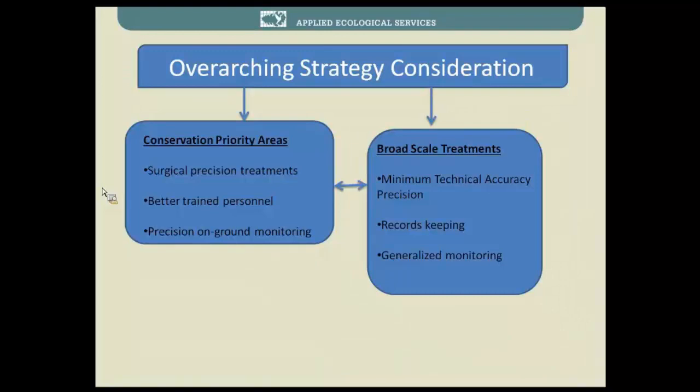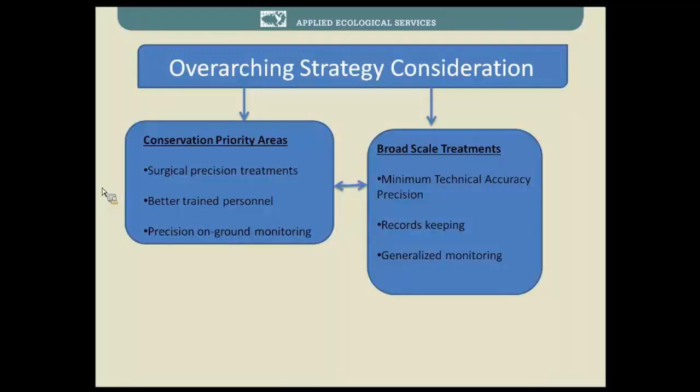These broad scale treatments might have record keeping and generalized monitoring requirements. And those are contrasted with what might be conservation priority areas where you're really trying to not impact deleteriously native vegetation and remnant or refugia that might be present, or impact native seed bank that might be present. That's the insurance policy for restoration of a site.